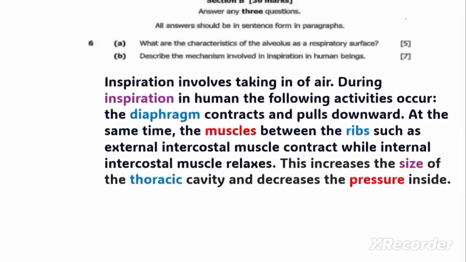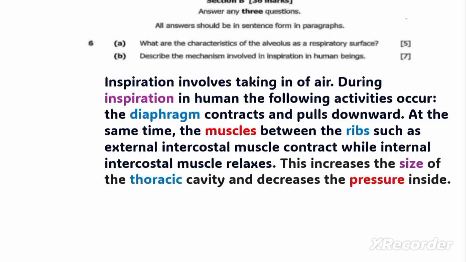During inspiration in humans, the following activities occur. The diaphragm contracts and pulls down. At the same time, the muscles between the ribs, the external intercostal muscles, contract while the internal intercostal muscles relax, and this increases the size of the thoracic cavity and decreases the pressure inside.